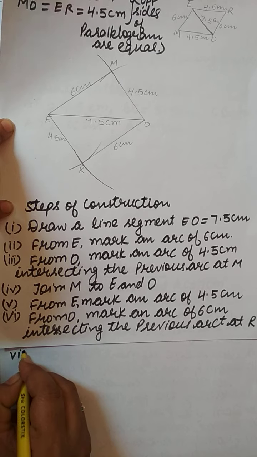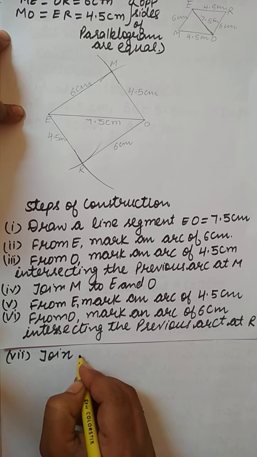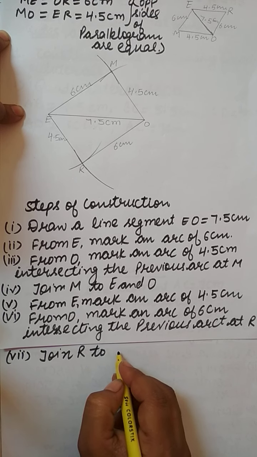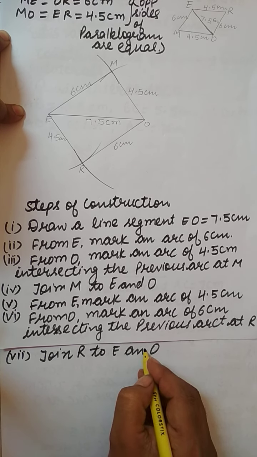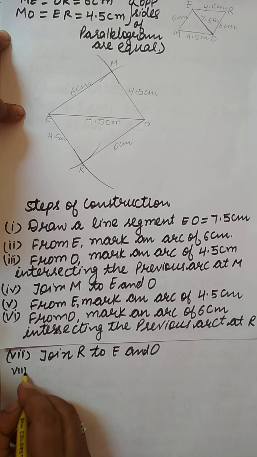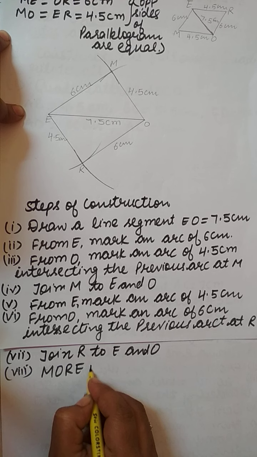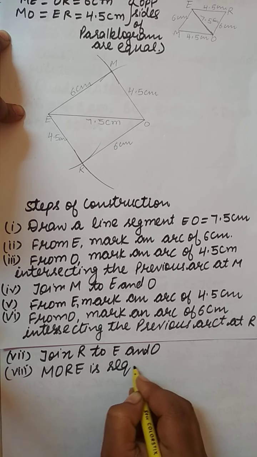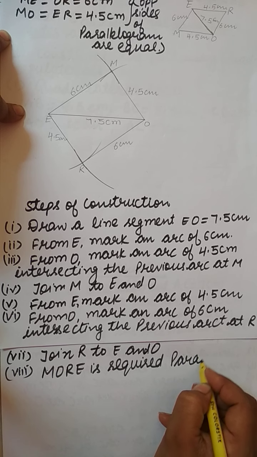Seventh step of construction is join R to E and O. So more is the required parallelogram.